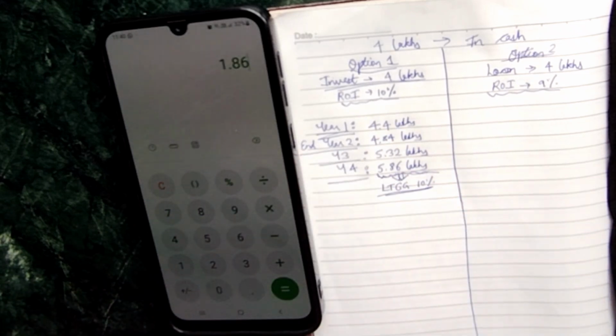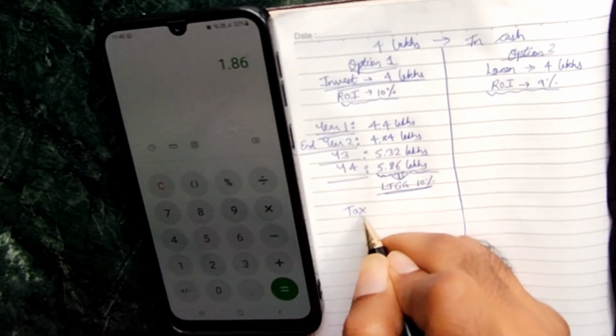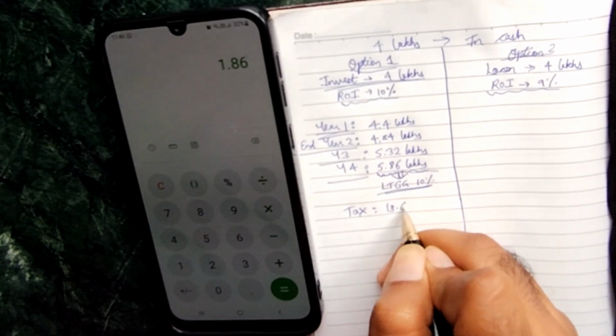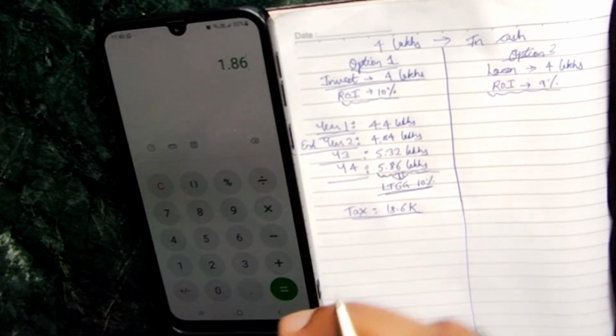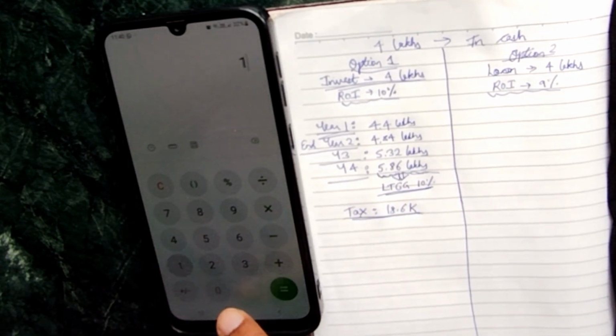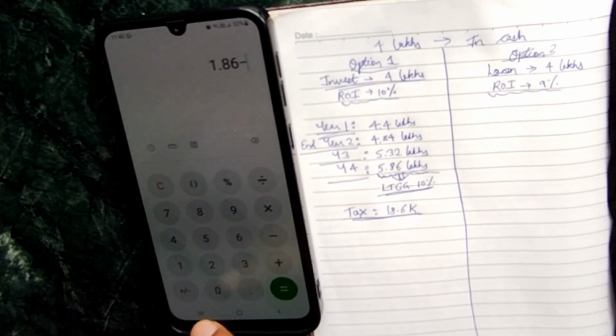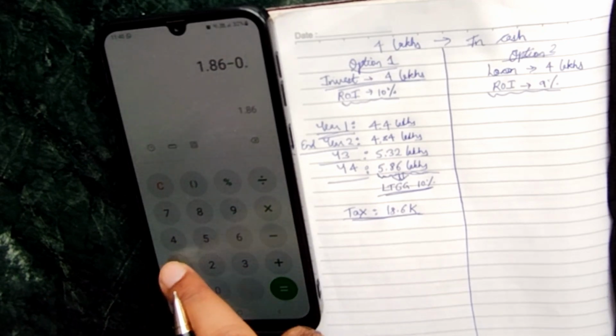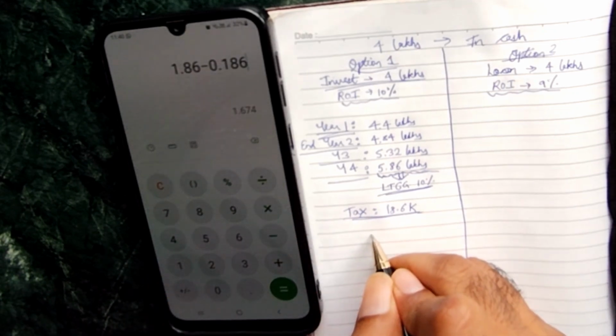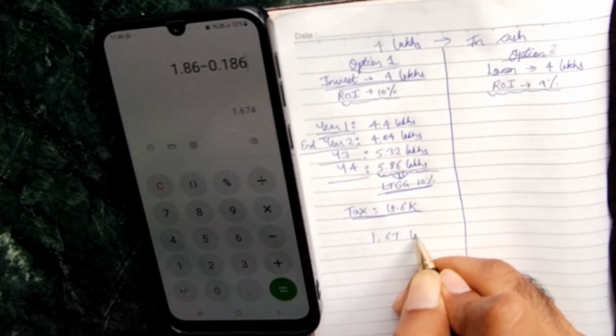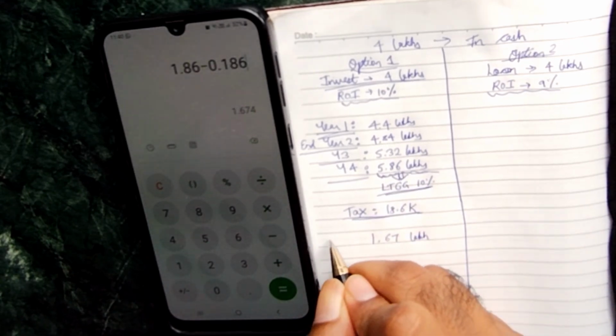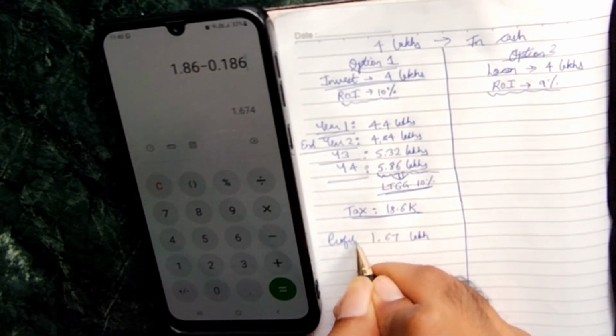On this he has to pay 10% tax, so tax would be 18.6k. So net he'll earn 1.86 minus 0.186, which is 1.67 lakhs as his profit, right?